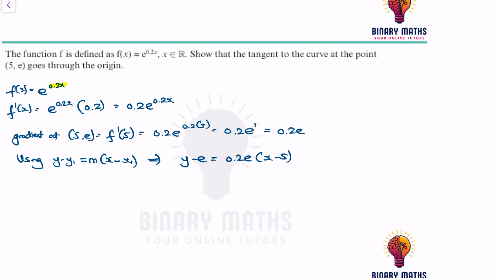If we expand this, we get y minus e is equal to 0.2ex minus e, which means we can cancel out the minus e's, which means we get y is equal to 0.2ex.